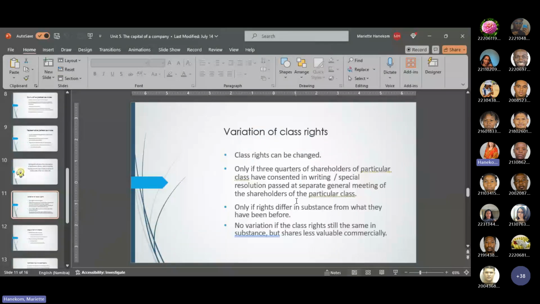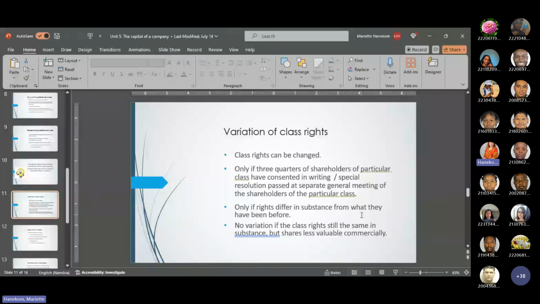Now, it is important that you understand the concept of the variation of class rights. Why is it important? Not because I'm going to ask you for 5 marks to discuss variation of class rights, but you need to understand when a decision will affect the class rights of a particular class.